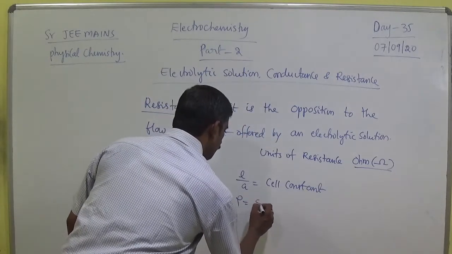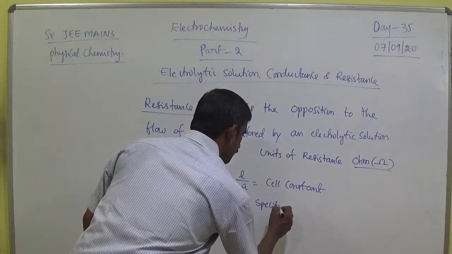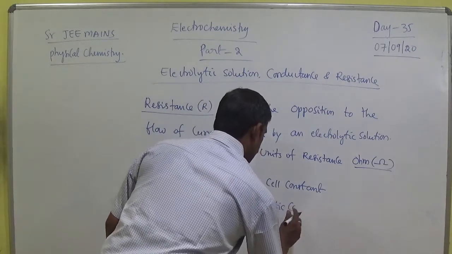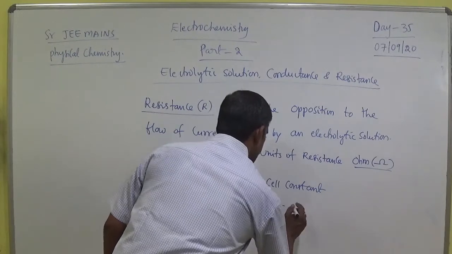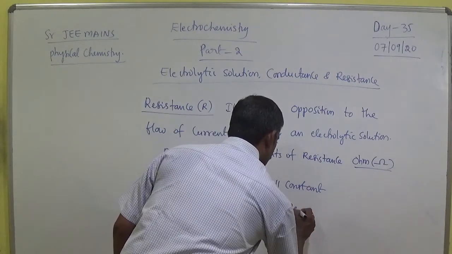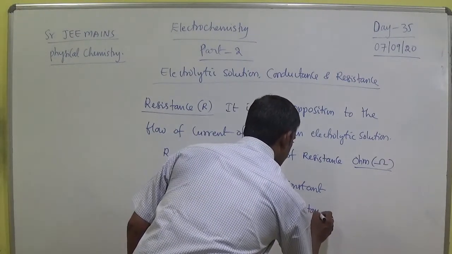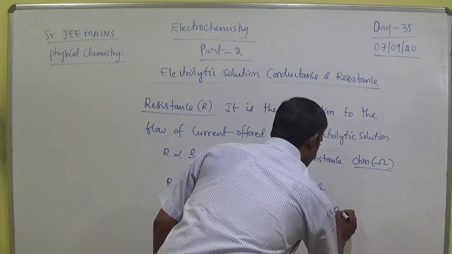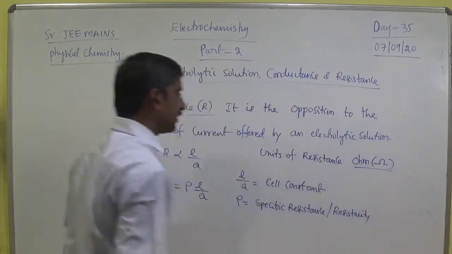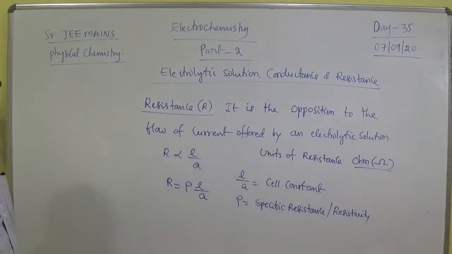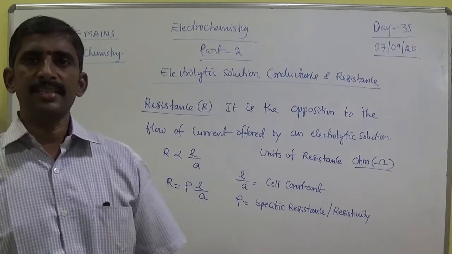Rho equal to specific resistance or resistivity. Okay? So R means resistance.